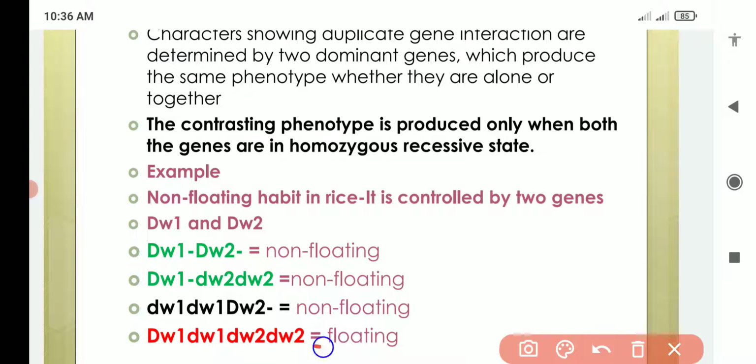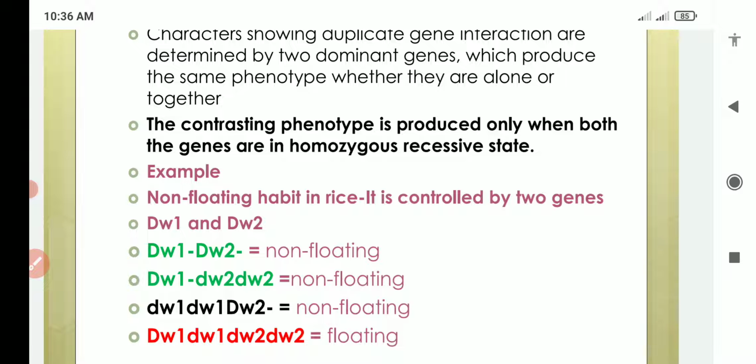And floating habit is observed only when both genes are in their recessive state, small dw1, small dw2. So what will be the effect of this? The effect will be a change in the F2 ratio.